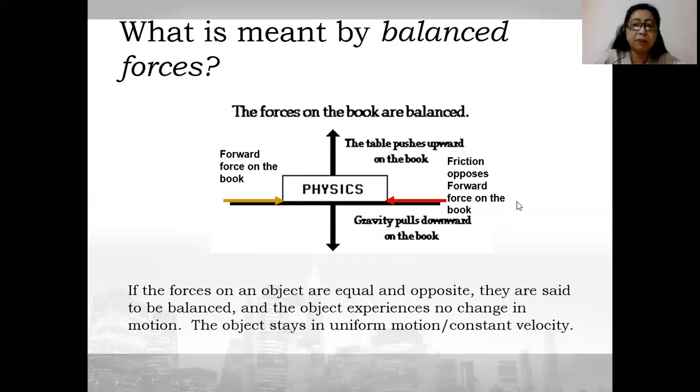They are said to be balanced, and the object experiences no change in motion. The object stays in uniform motion, or what we call constant velocity. Okay? So there are two cases wherein an object will have balanced forces: when the object is at rest and when the object is in uniform motion.